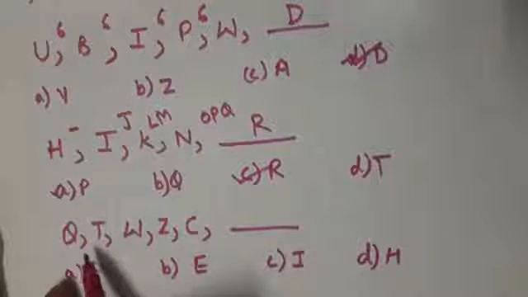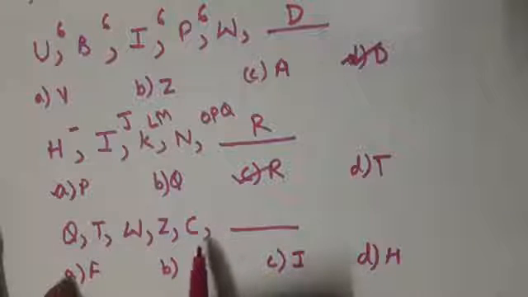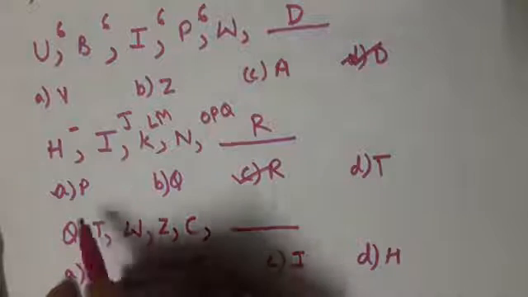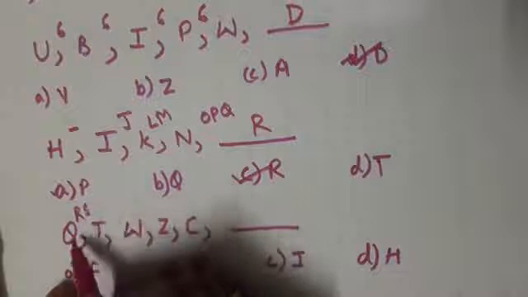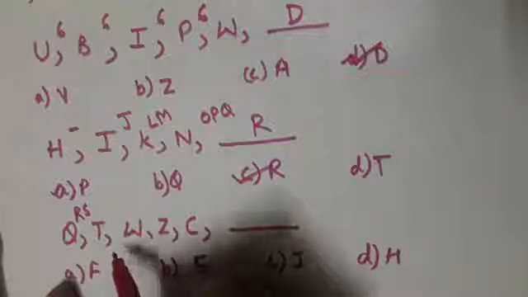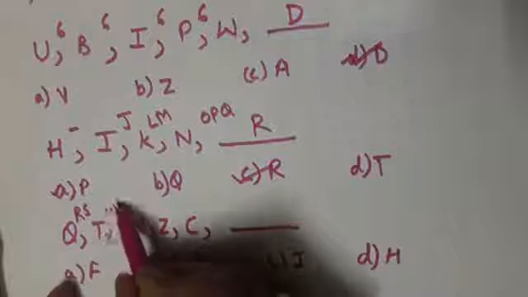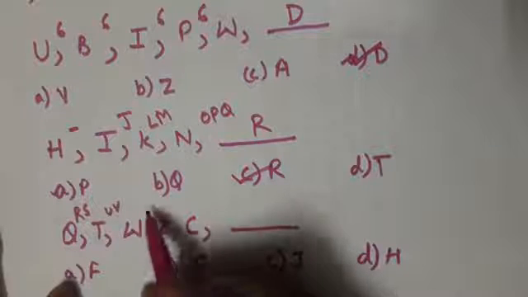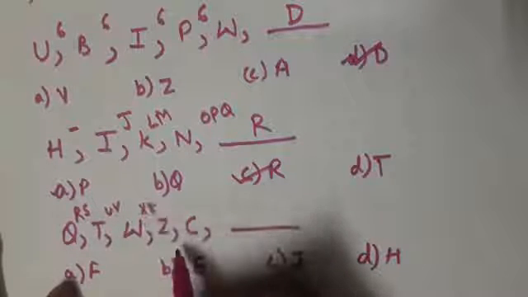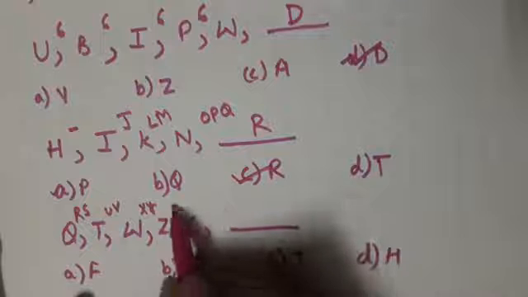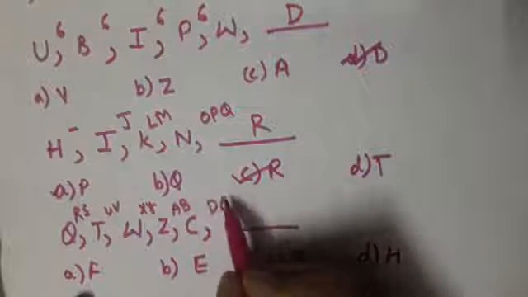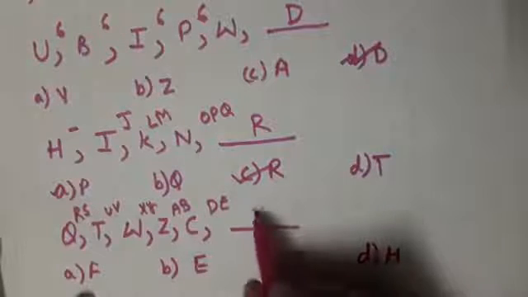Now let's move to the last one, that is Q T W Z C. After Q, R S, Q R S, T, U V W, X Y Z, A B C, D E F. So what will come?